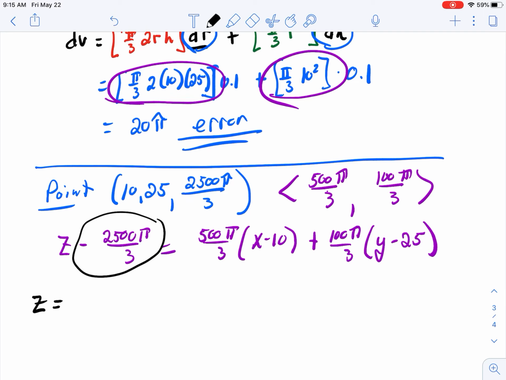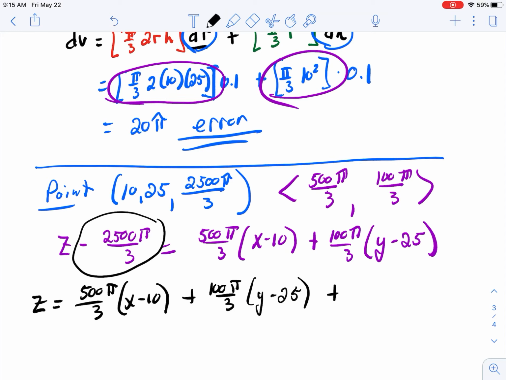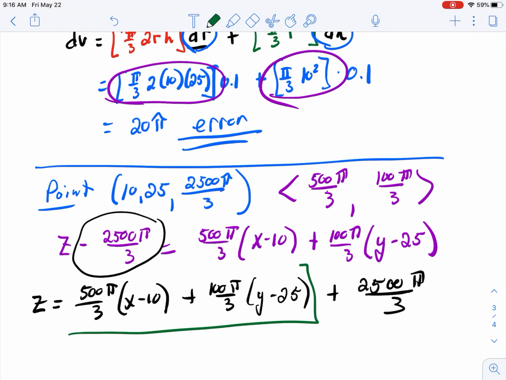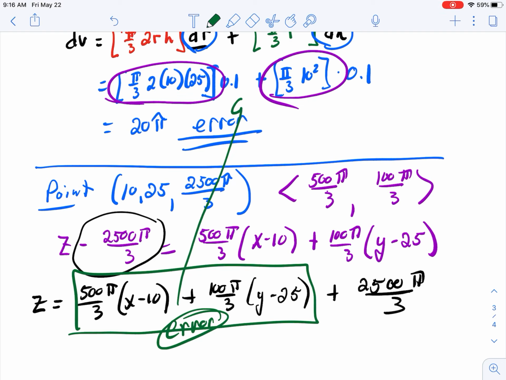So I'd have z equals, now let's just rewrite here: 500 pi over 3, x minus 10, plus 100 pi over 3, y minus 25, plus 2500 pi over 3. If you look at this piece here, there's your error, and that's what we just did up here.